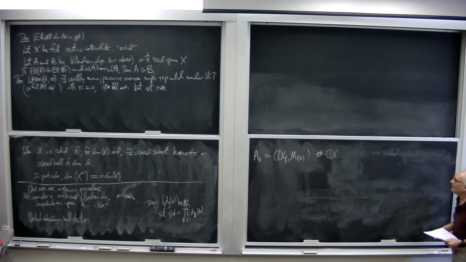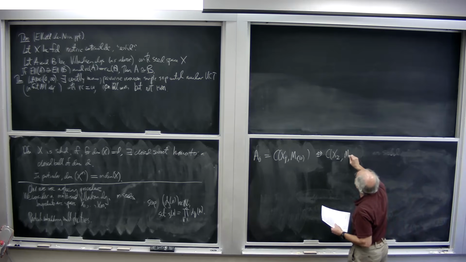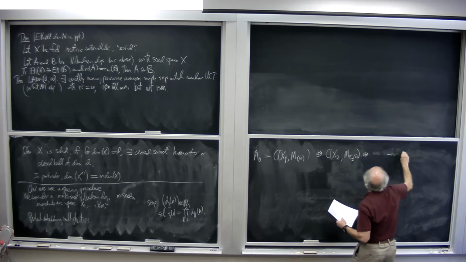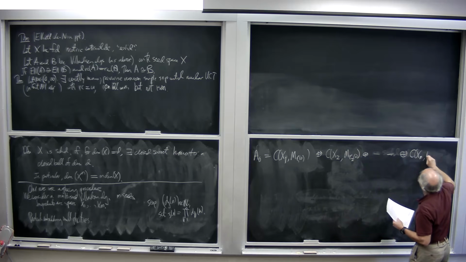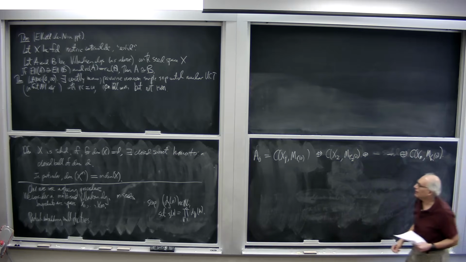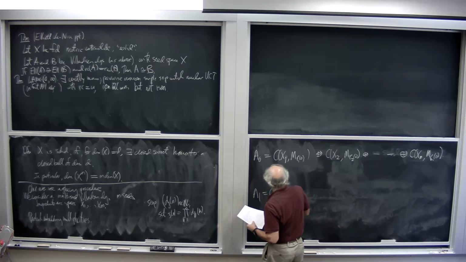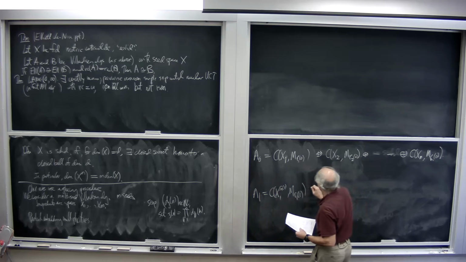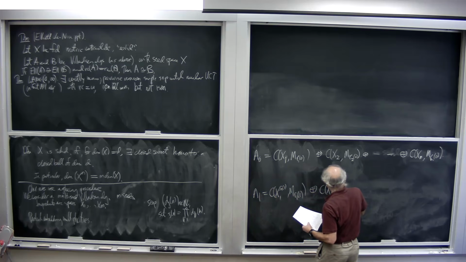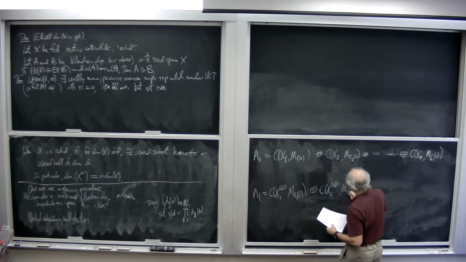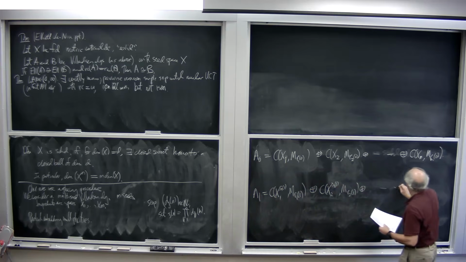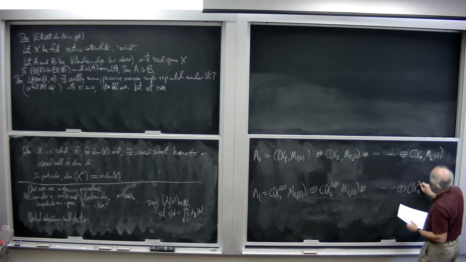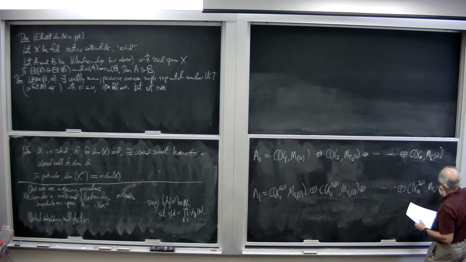Then I'll write one more level: C of X1 to the S1 of 1 with MR1 of 1, C of X2 to the S2 of 1 with MR2 of 1, up to C of XM to the SM of 1 with MRM of 1.